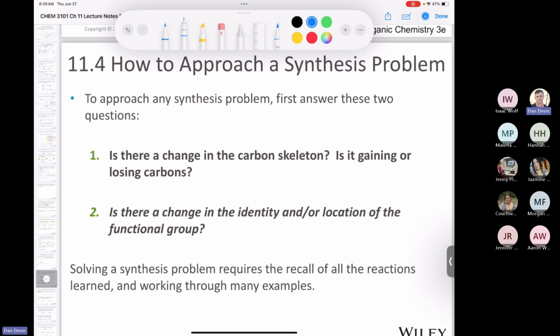Is there a triple bond? Is there a double bond? And solving synthesis problems involves recalling all of the reactions that are learned and working through many examples.